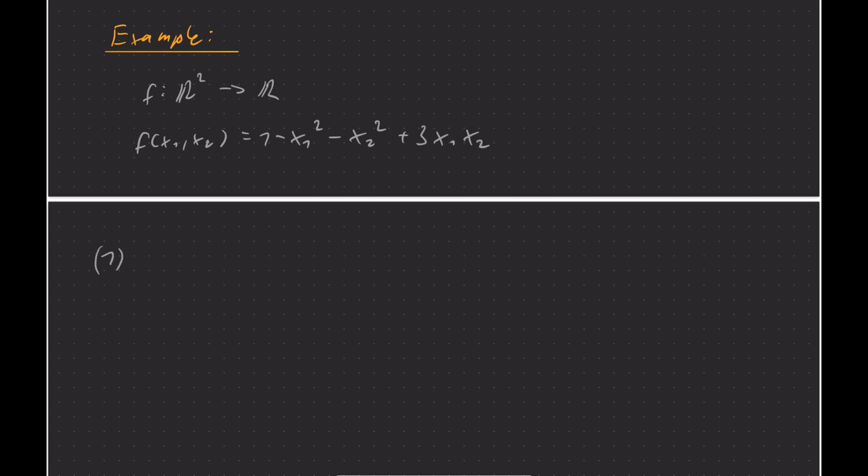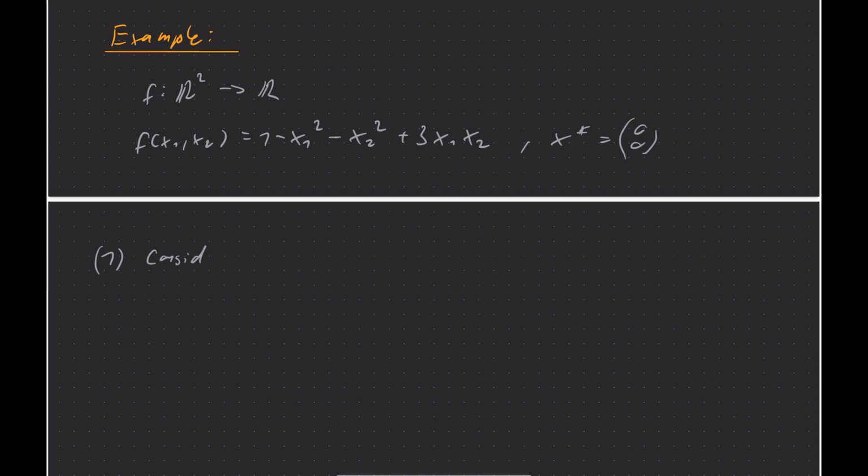Now, let us first see what we get by restricting this function to the lines that are created by the axes, x1 and x2. And we'll always consider lines that go through the origin. So x star will always be the origin here.